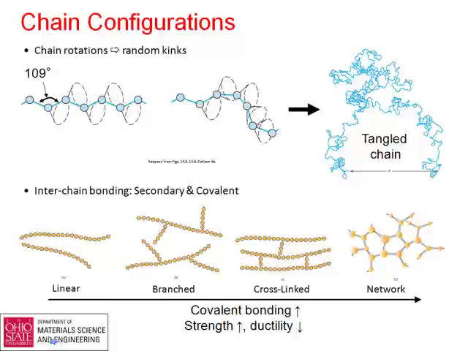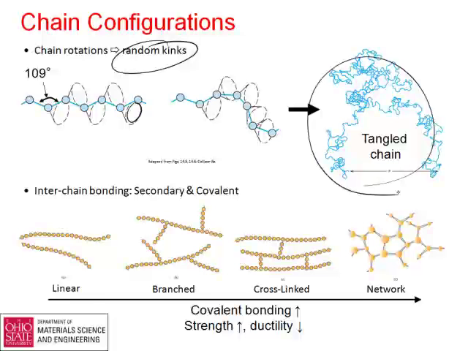So again, this is what I was talking about before. Each of these 109-degree angles can take on varied configurations. The material doesn't really care. These chain rotations give you these random kinks, and you get these tangled chains.